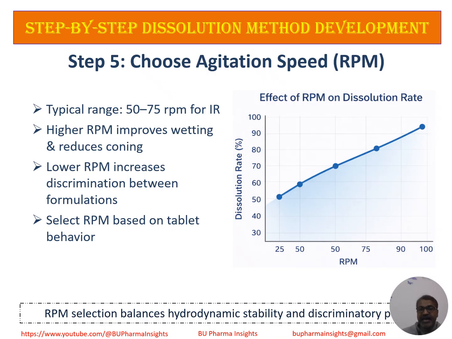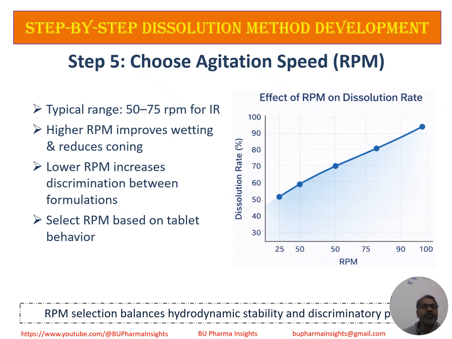Next step is agitation speed. So rotation speed or RPM directly affects dissolution behavior. 50 RPM is commonly used for more sensitive formulations, while 75 RPM improves method robustness and consistency.